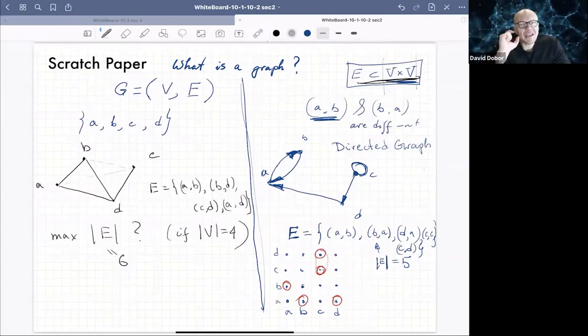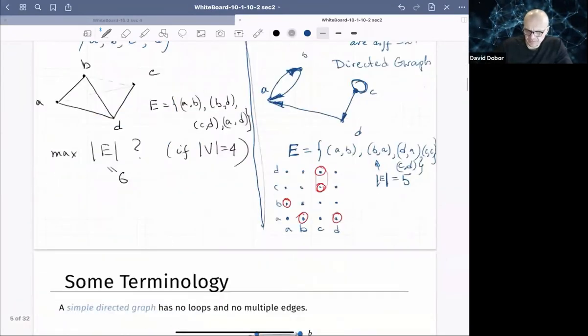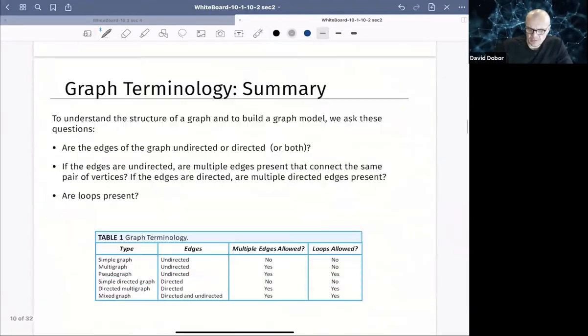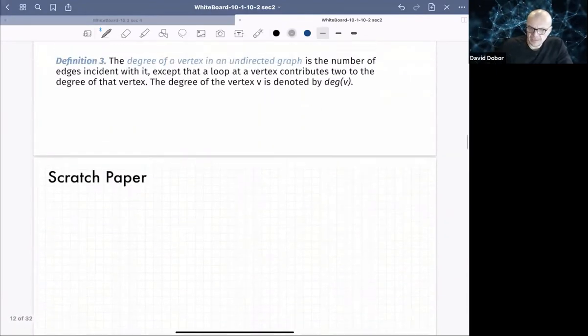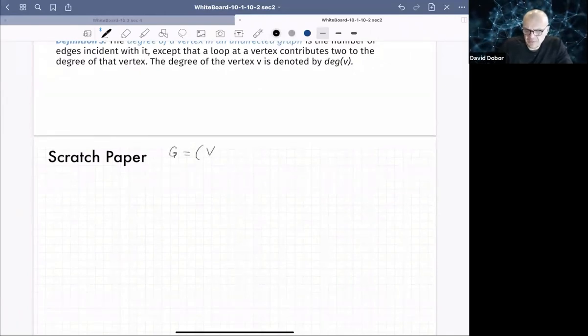If you have every edge possible, let's go, do we have another scratch paper? Let's go with 5. So let's take G. Again, every graph is a bunch of vertices and a bunch of edges, which is a subset from the pairs of V's.